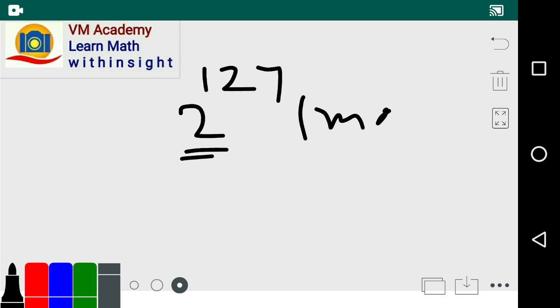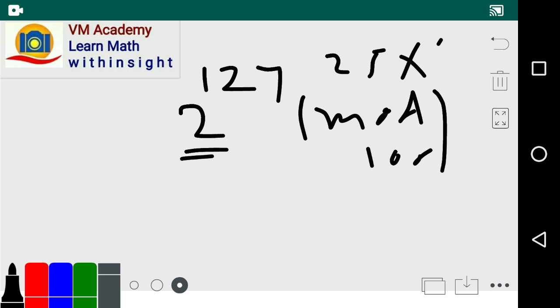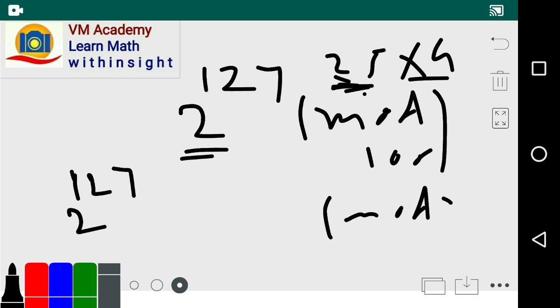Friends, calculating the last two digits means calculating mod 100, and 100 can be written as 25 into 4. So instead of calculating this directly, we first calculate 2 raised to 127 modulo 25.